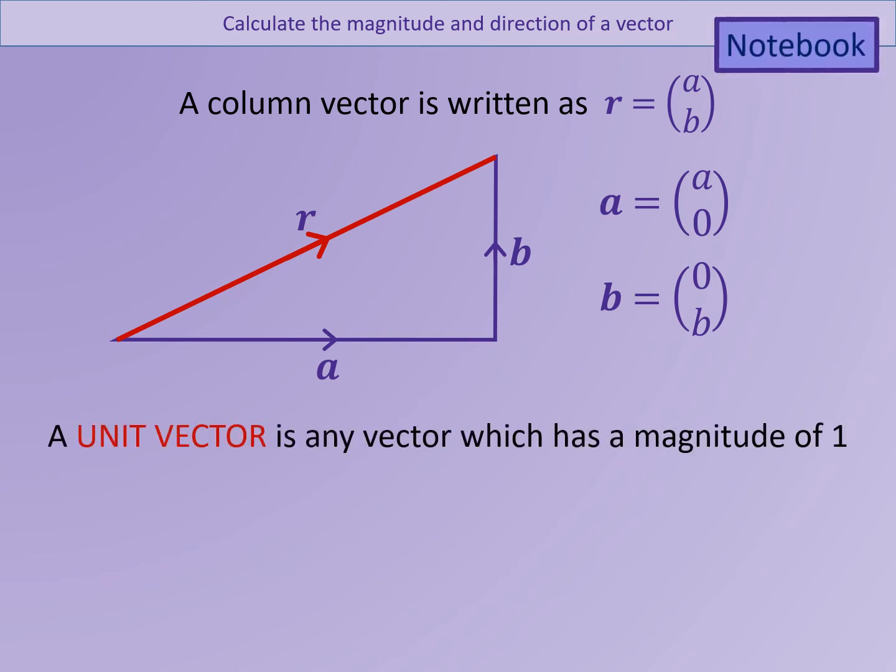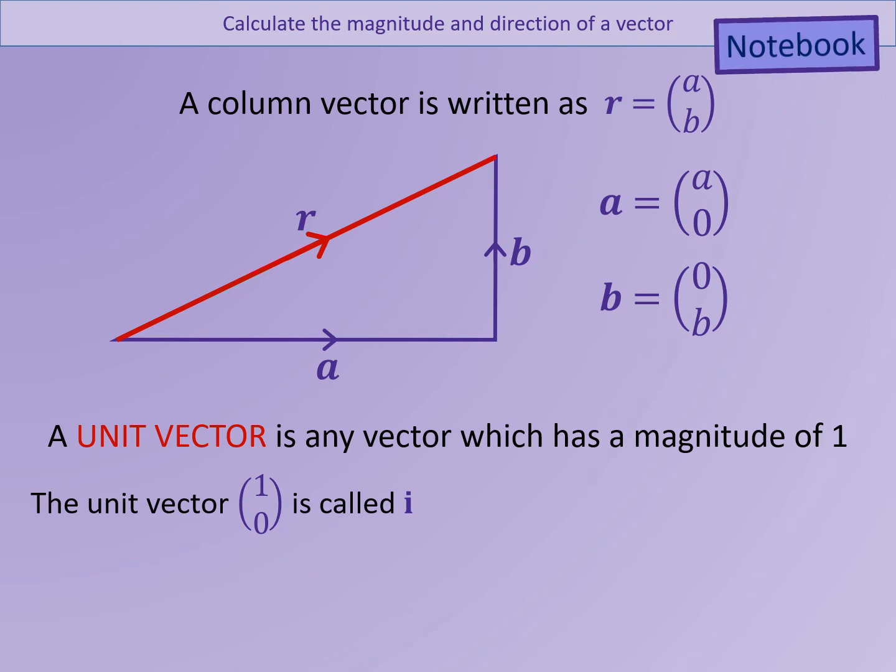The first piece of terminology we need is what a unit vector is. So a unit vector is a vector that has a magnitude of 1, so a length of 1. Now if we look at a unit vector, that would be denoted by (1, 0). That vector has a length of 1. If you started at the origin, plotted the point (1, 0) and measured it, that would be 1 unit.